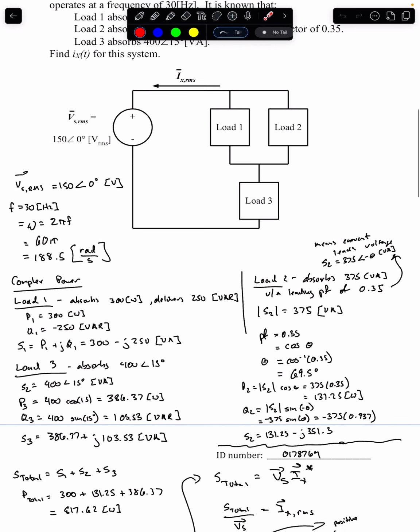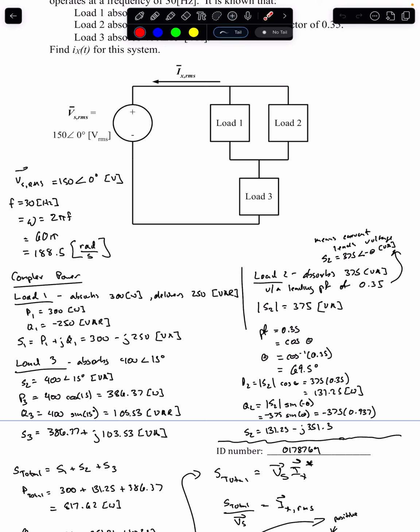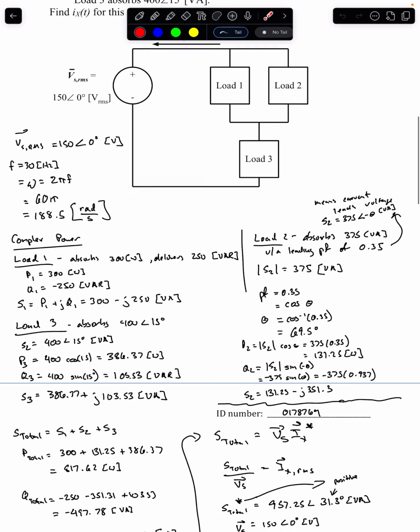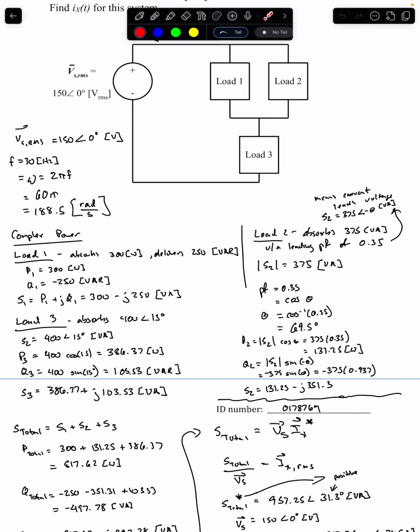So we calculate the real power, P2, as the absolute value of S2 times cosine theta, so it's 137.25 watts. Q2, the complex portion, is negative 375 sine theta, 375 times 0.937. So then we know S2 is this here.